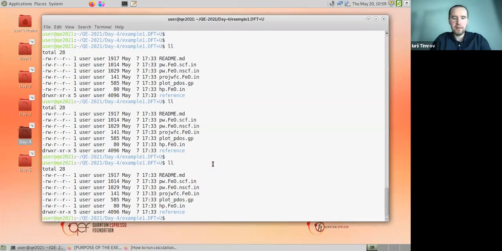So let's do that. We type remote_mpi_run, then pw.x -input, and the name of the input file. This is pw.feo (iron oxide).scf.in.